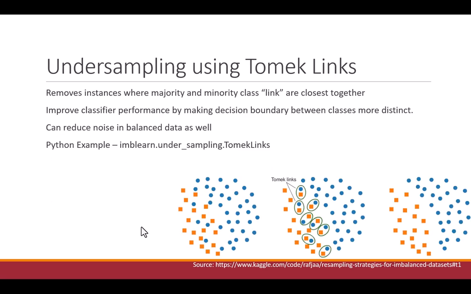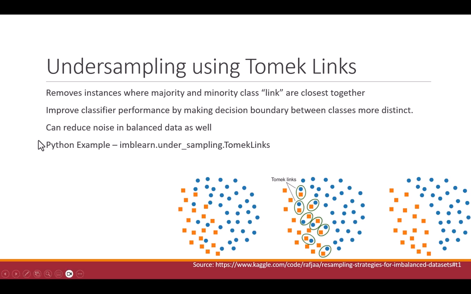Some of the other ones, and I'm going to explain these in a little more detail because they can be useful, is the idea of Tomek links. What a Tomek link does, interestingly enough, is look at the nearest neighbors.